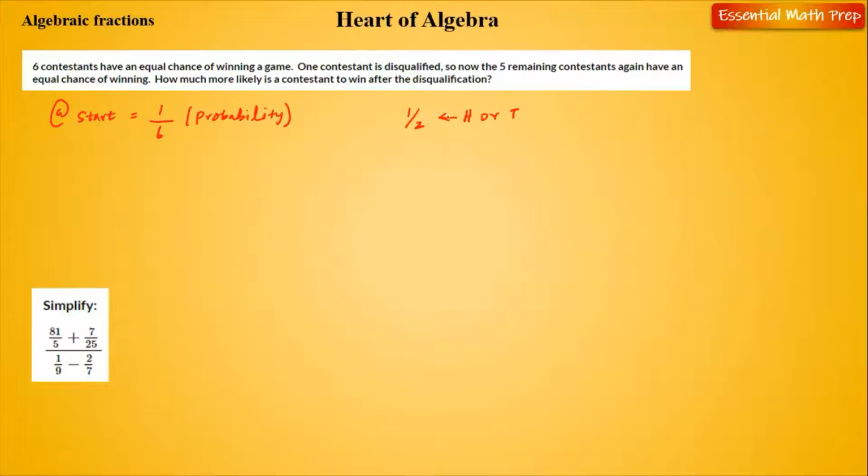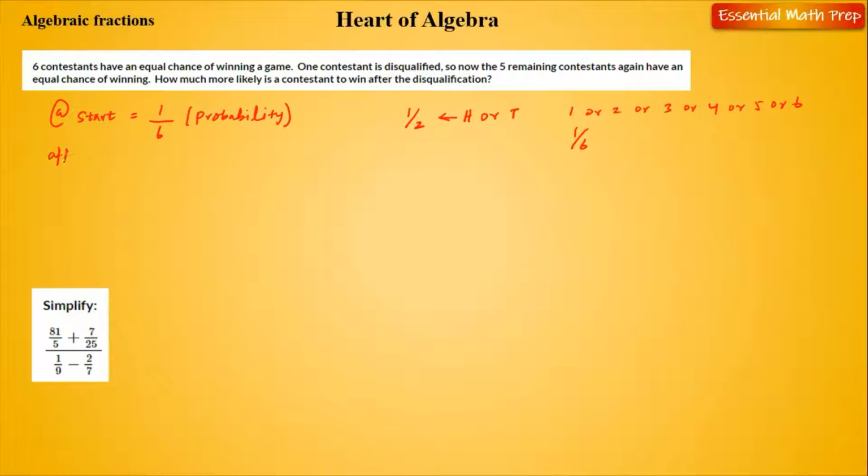So that's why we say half. Similarly, 1 or 2 or 3 or 4 or 5 or 6. Those are 6 candidates. What is the chance that one of them will win? How is that any different than the head or tail? So that's why we say it's 1/6.